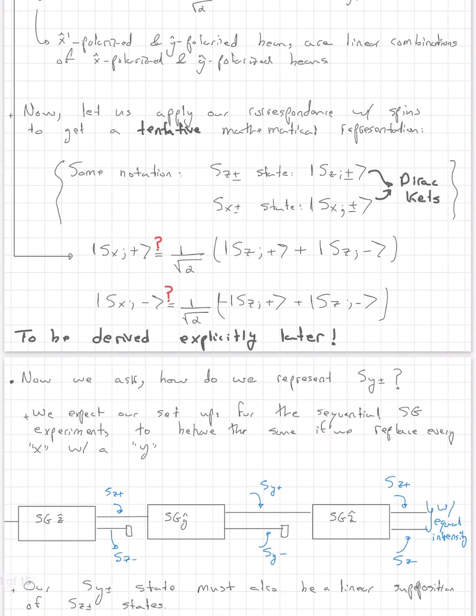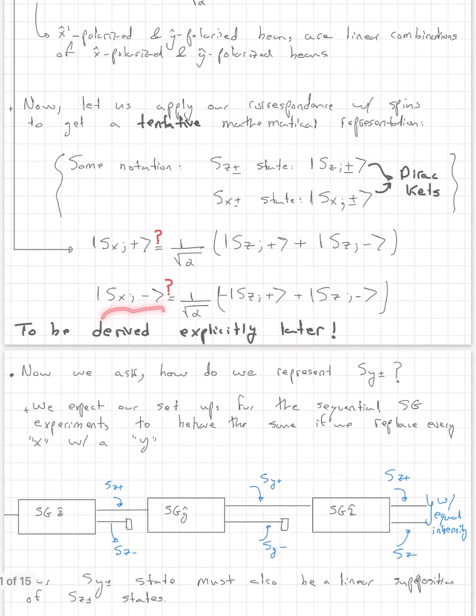If we do this correspondence, we can deduce this formula over here where we have written SX plus and SX minus as linear combinations of SZ plus and SZ minus. So this now is just an assumption. We can't take this to be a fact, but we will derive this expression explicitly later on. I hope this helped you a little bit try to understand why it is that when we actually pass an SX plus beam into an SZ filter, an SZ Stern-Gerlach device, we actually do see some SZ plus and some SZ minus beam.